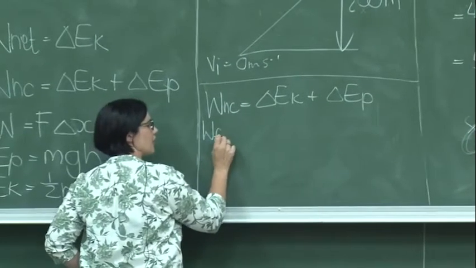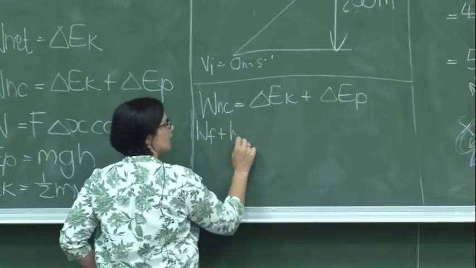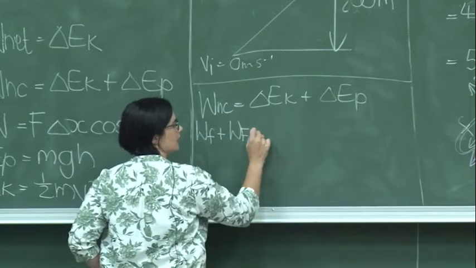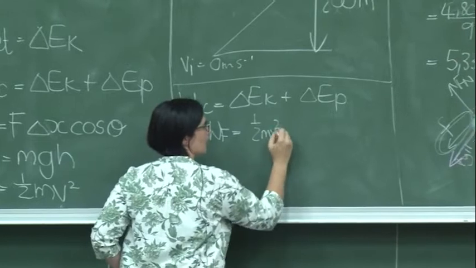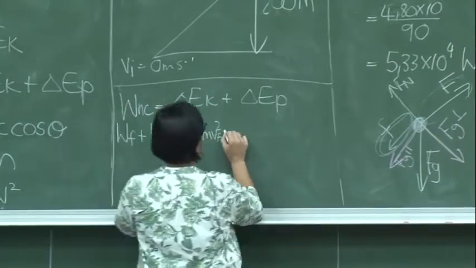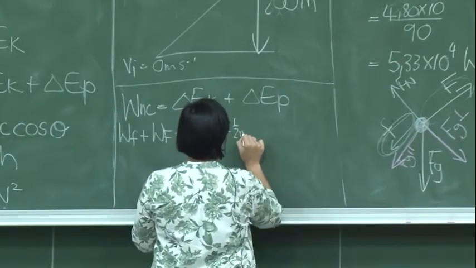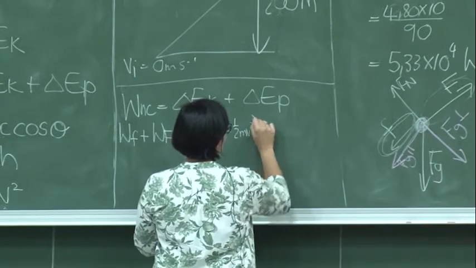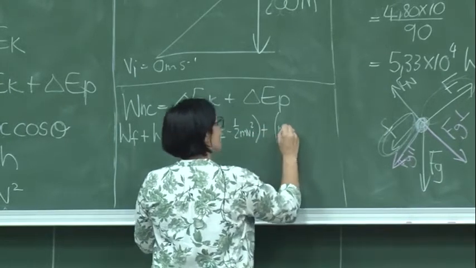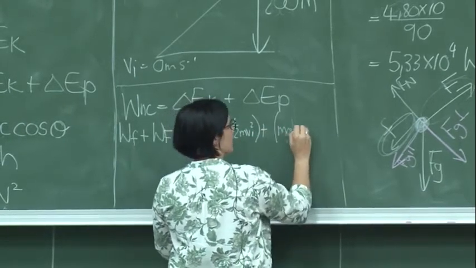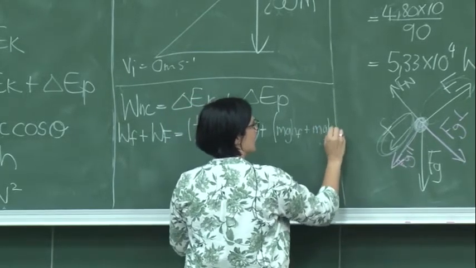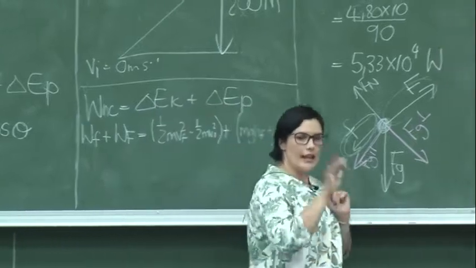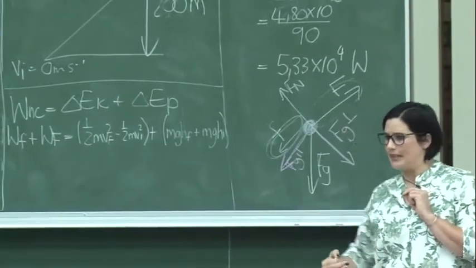So the work done by the frictional force plus the work done by F is equal to half mass V squared final minus half mass V squared initial plus mass gravitational acceleration height final minus mass gravitational acceleration height initial. Initially, it was 0 meters above the ground.